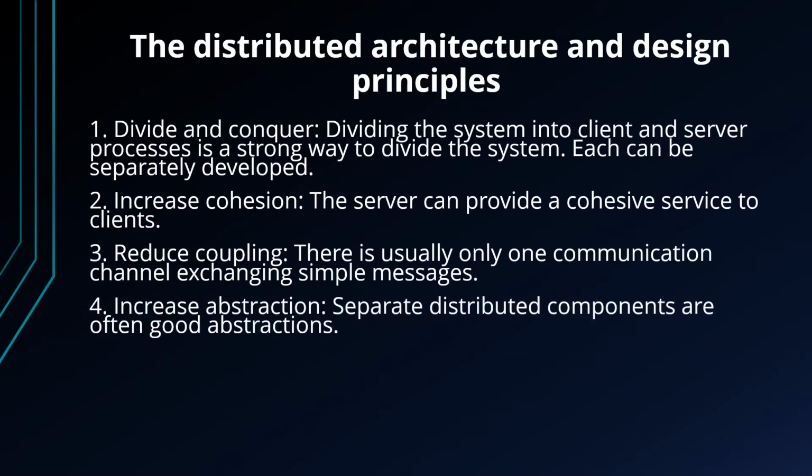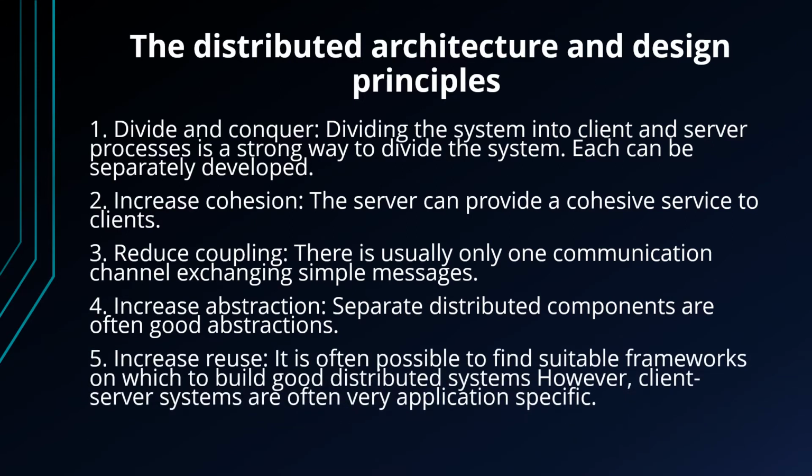Increase abstraction: separate distributed components are often good abstractions. Increase reuse: it is often possible to find suitable frameworks on which to build a good distributed system. However, a client-server system is often very application specific.